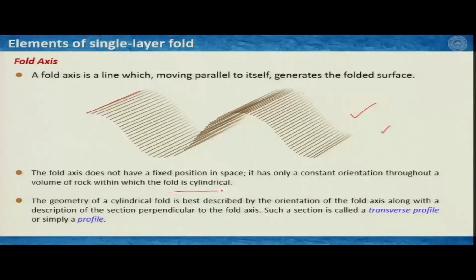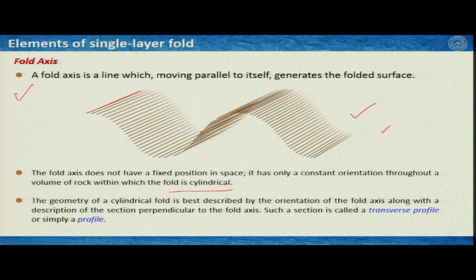The fold is known as cylindrical. If that does not hold, then the fold is non-cylindrical. We will learn about it, but for a small segment of a very regular or systematic geometry of a folded structure, we can define fold axis as it is written here. A fold axis is a line which, moving parallel to itself, generates the folded surface.